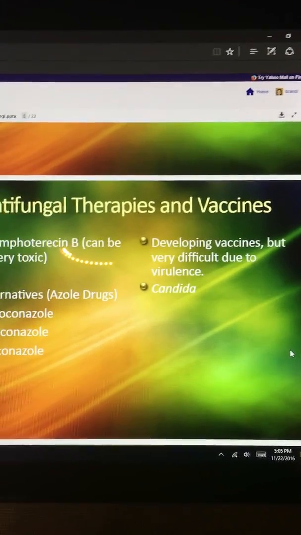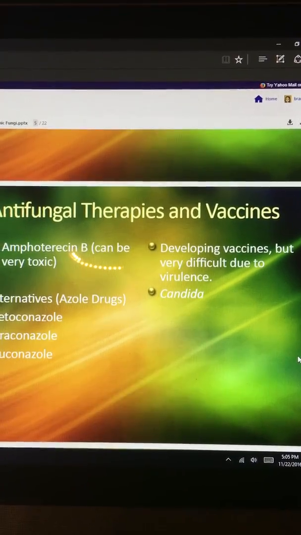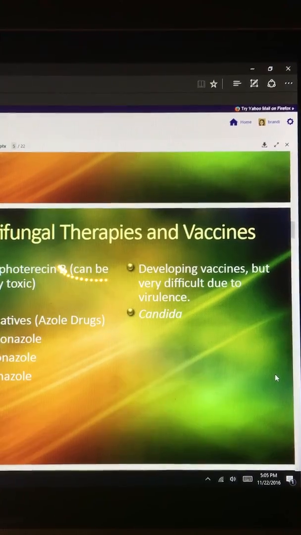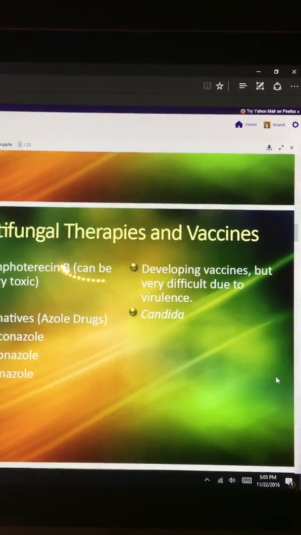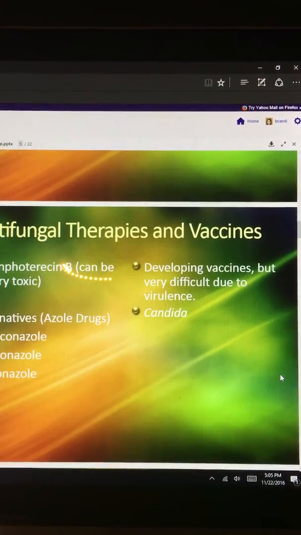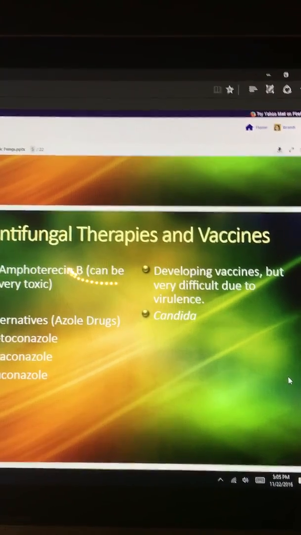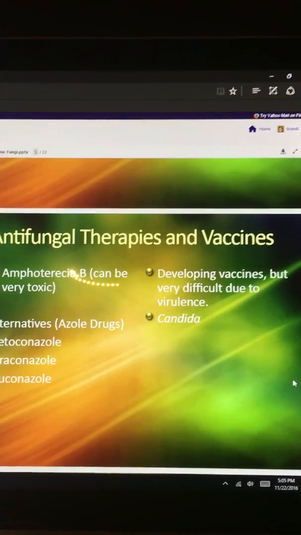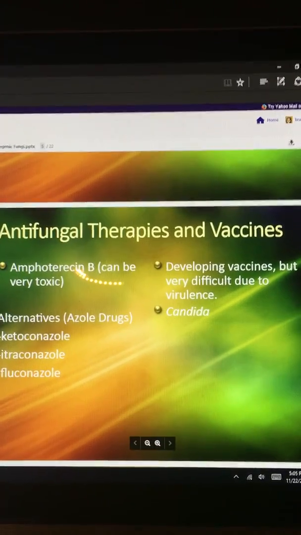Then there are vaccines that they're trying to develop for fungal infections, but it's very difficult because the fungus can become virulent inside of the body and react. They're looking into a vaccine for Candida because a lot of AIDS patients develop Candida from their immune system being so weak.